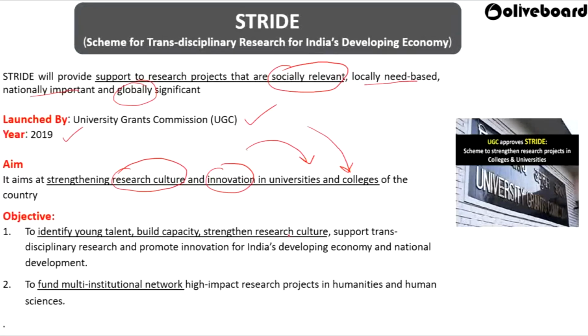The major objective of this scheme is to identify young talents. Here we are identifying the young talents which are there in universities and colleges. Then we have to build the capacity of this young talent, which will enhance our research culture in building our India into a socially relevant place where all the local needs are taken care of with national importance and which are also globally significant.